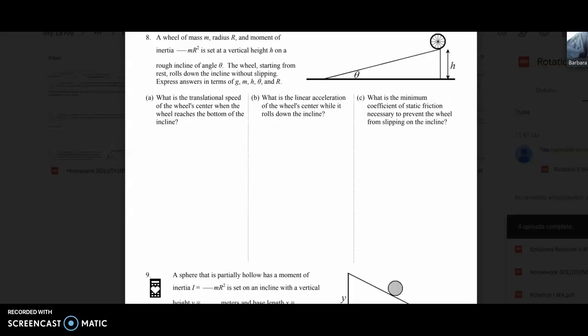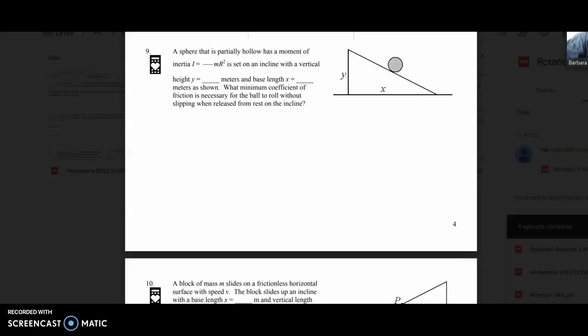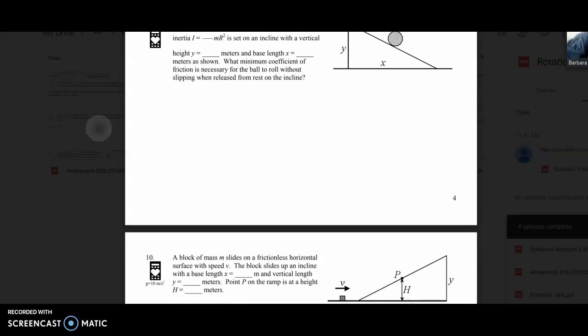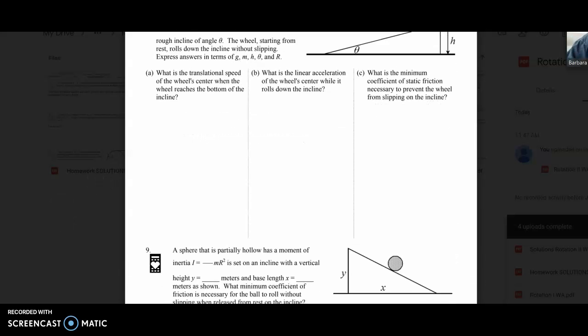So moving on, if I look at 9, sphere partially hollow, what's the minimum coefficient of friction for the ball to roll without slipping when released from rest on the incline?